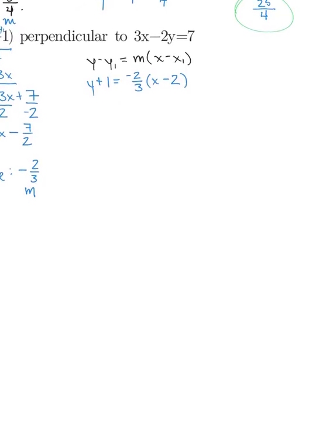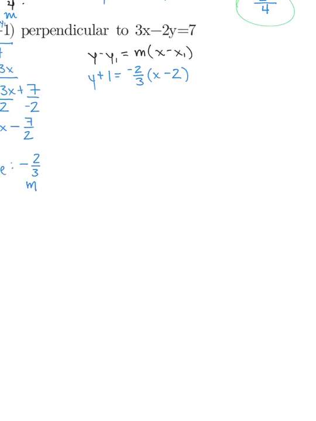From here, we're going to go ahead and do our process again. So the first thing I want to do is distribute to clear the parentheses. Left side will stay the same. If we distribute, we get negative 2/3 x, and negative 2/3 times negative 2, I'm going to write it over 1.